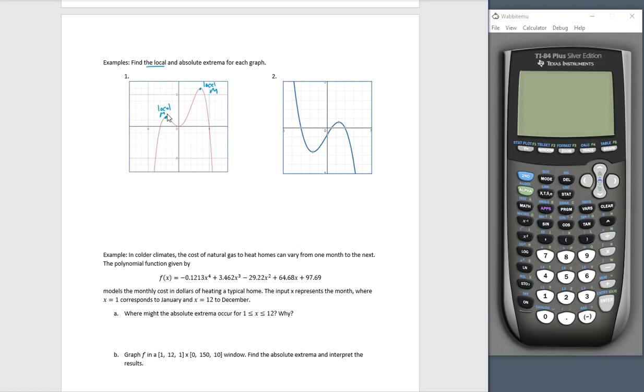I'll use the capital M again. And here I have a local minimum. All right, little m. There's only one local minimum, two local maximums. It happens that this is also the absolute maximum.